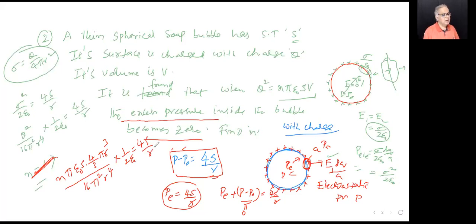Is that all? Any numbers given? So pi goes, tell me. Sir, I'm getting 90. S goes, right? Epsilon 0 goes. What else? Sir, 4, 48. Sir, 4 and r cube also get cancelled.